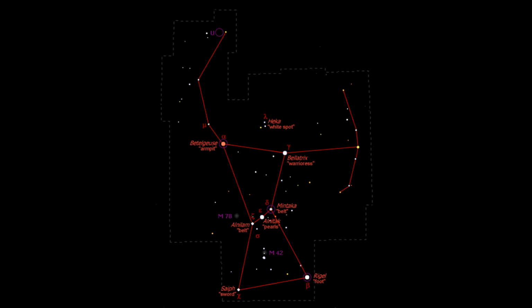Now, you can connect the dots like this, and you can get either a bow and arrow or a sword and shield, or a tunic with a belt and then a scabbard with a blade or a sword or a knife in it that's hanging from that.